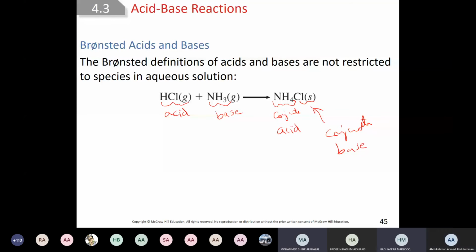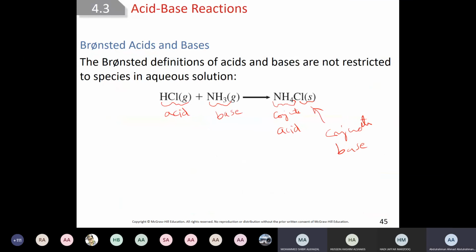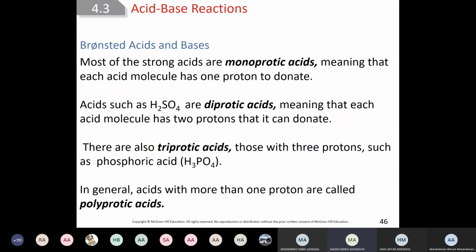What's H2O here? Acid. How about here? It is base. So it could be acid or base. It depends on the reaction. If it gives hydrogen, then it's acid. If not, it's base.